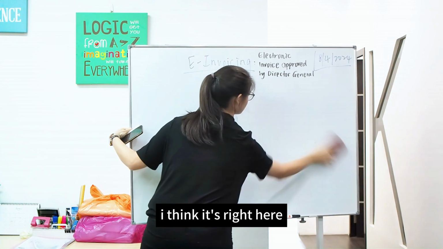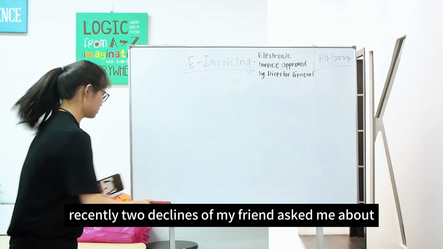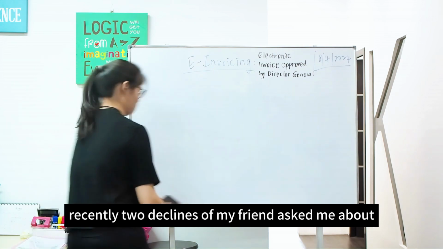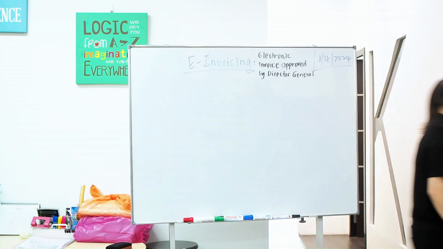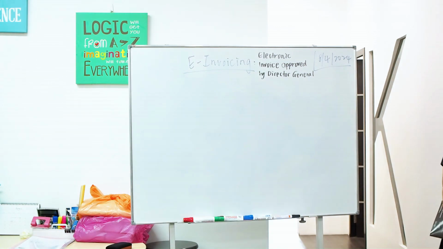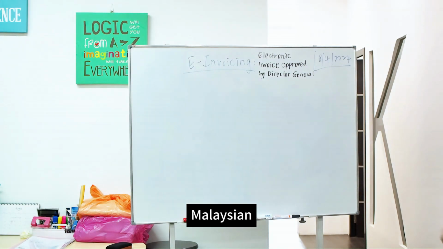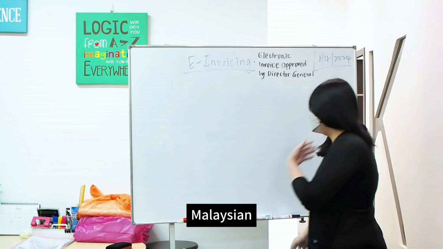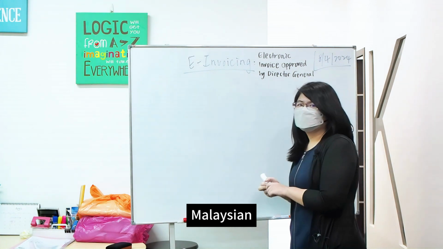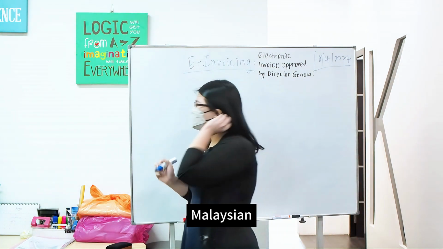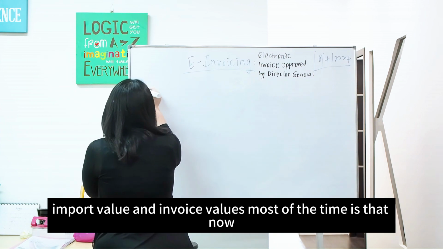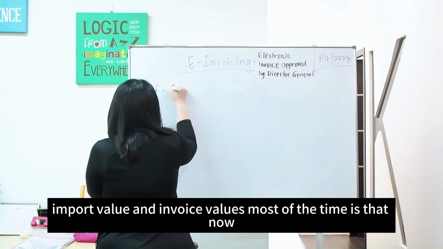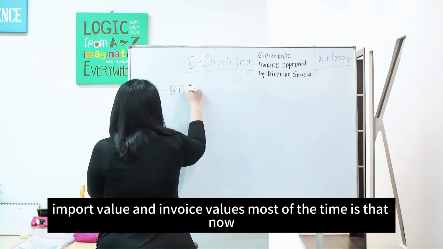I think it's very clear. I think recently a few clients or a few of my friends asked me about this, they're dealing with a lot of importations, especially from overseas. Import value and invoice values most of the time are not the same.